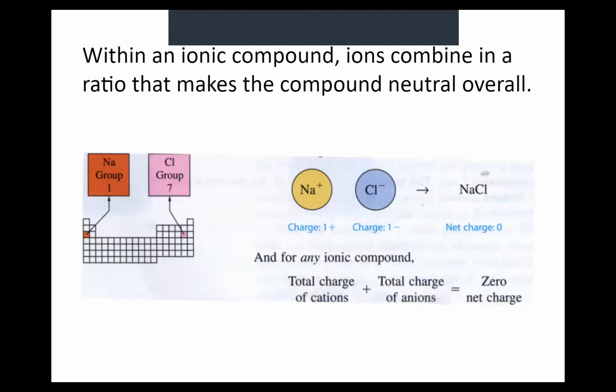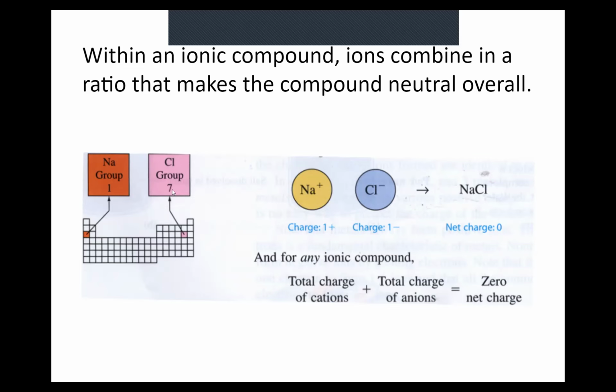Let's consider some general principles. In an ionic compound, the ions will combine in a ratio that makes the compound neutral. That means the sum total of the positive charge has to be equal in magnitude to the sum total of the negative charge. So take Na, that's sodium from group 1, that's the column on the left, that would form a +1 charge.